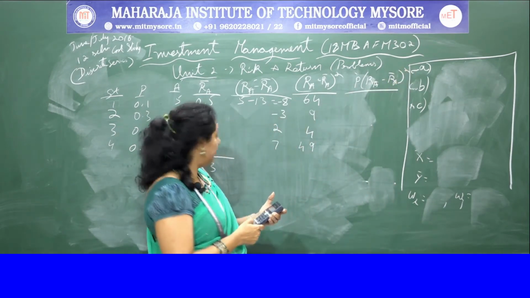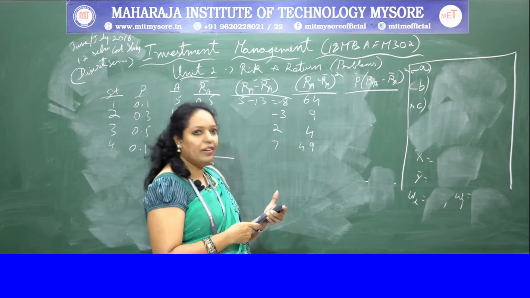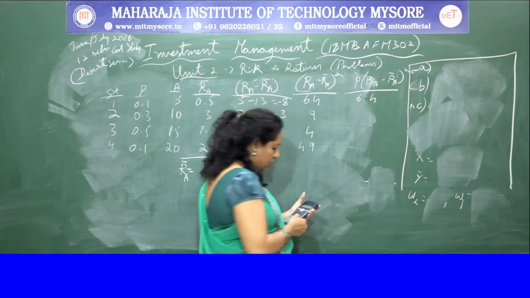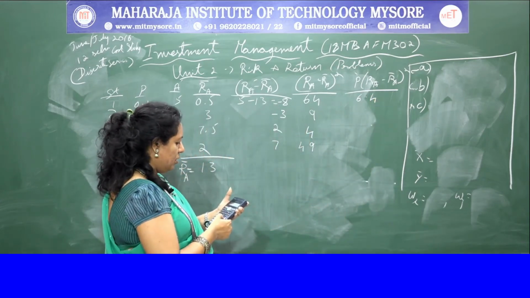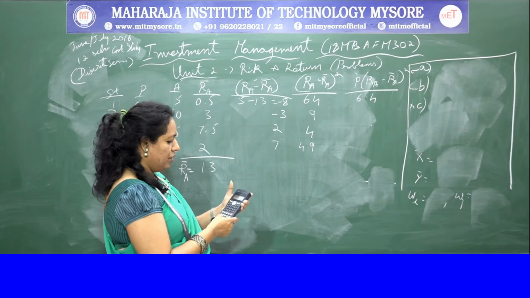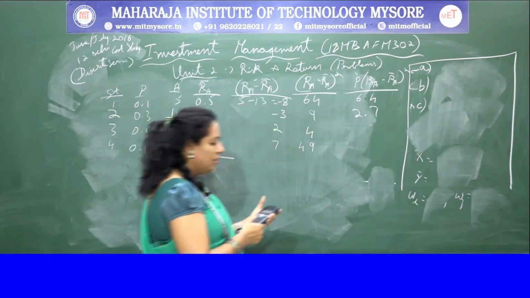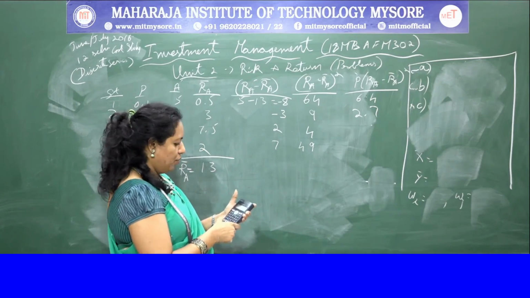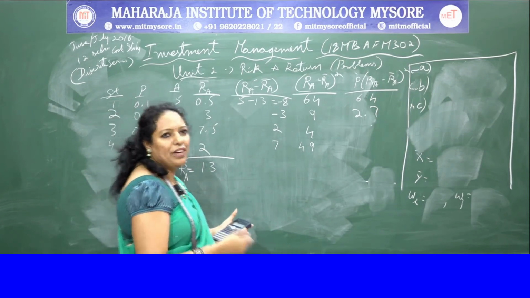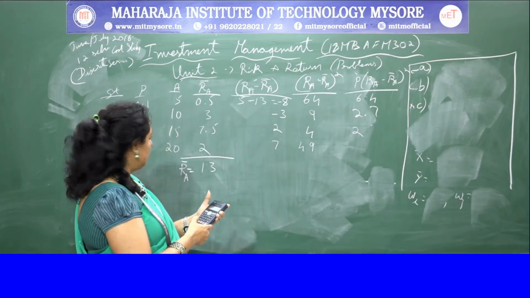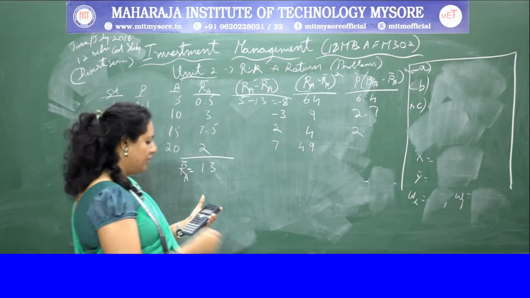So, 64 into 0.1, you get 6.4. 9 into 0.3, you get 2.7. Then 4 into 0.5, it is 2. 49 into 0.1, it is 4.9.